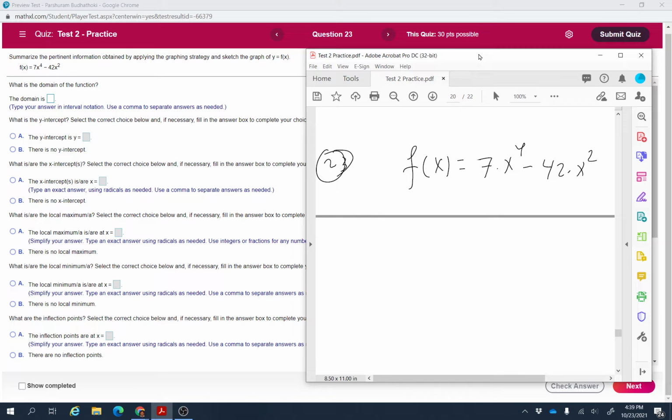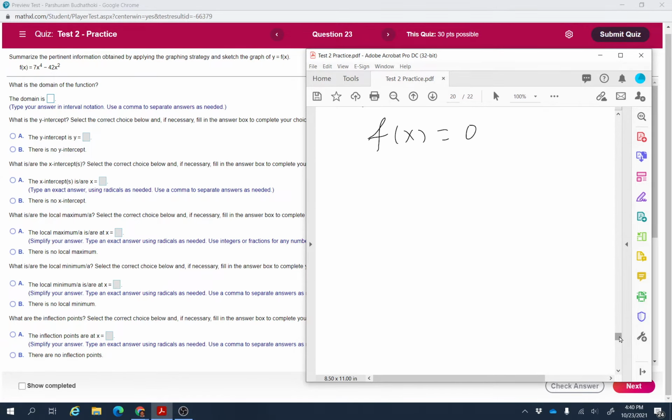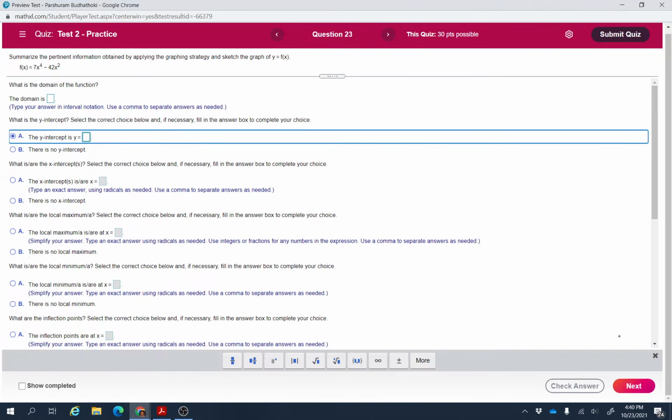Okay, so for finding the y-intercept, it's when x is 0. So this is your y-intercept, which is 7 times 0 minus 42 times 0, which is 0. For finding the x-intercept, you have to make f of x equal 0. So the y-intercept is 0.